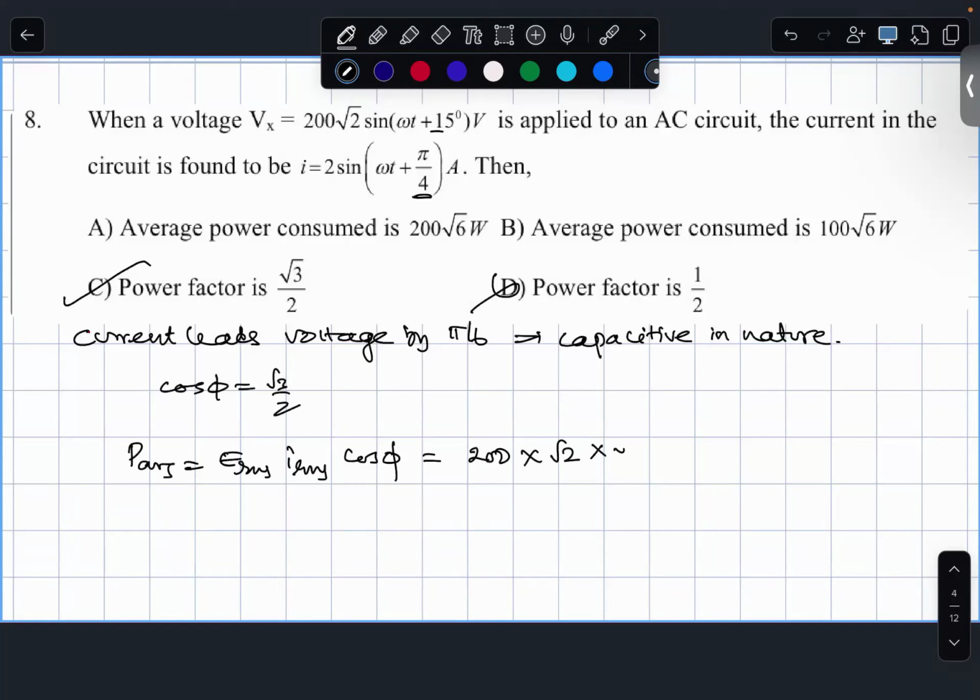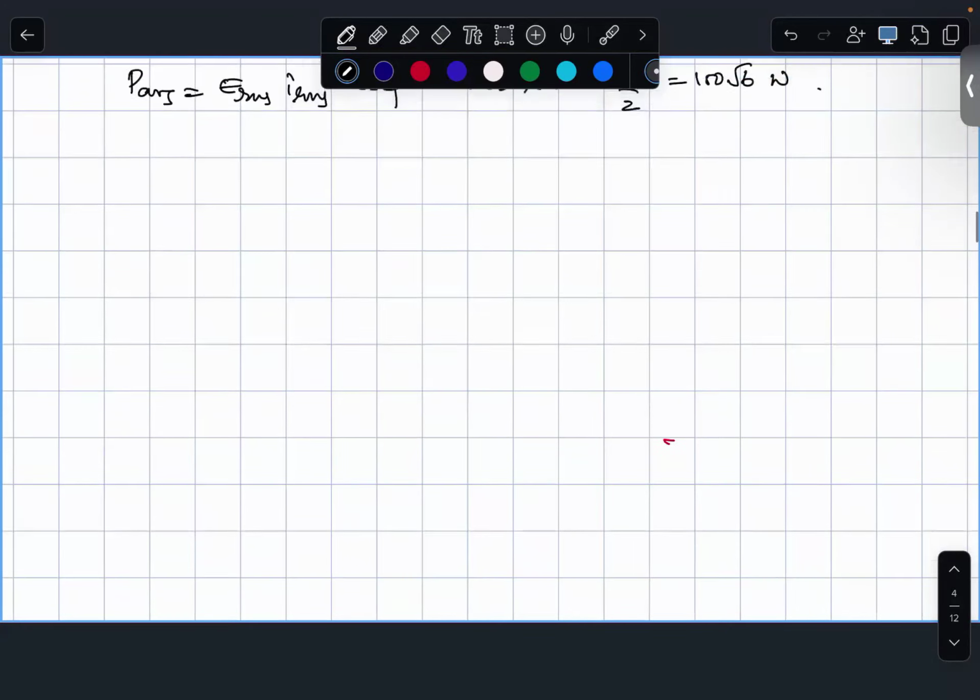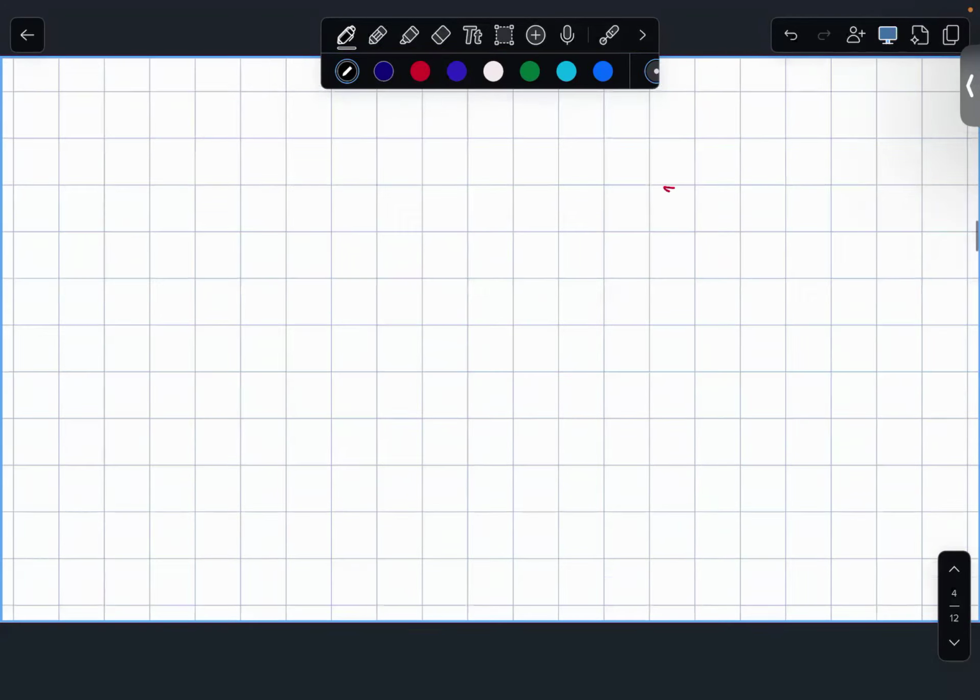And cos phi is root 3 by 2. So this should be 100 root 6 watt. Any doubts? Clear?